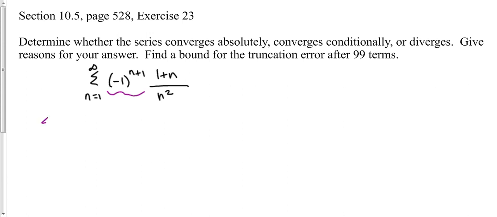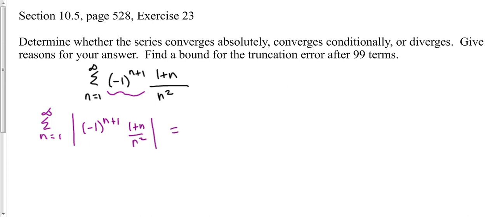So I'm going to start by taking the absolute value of my series. That's going to be (-1)^(n+1) times (1 + n) over n squared.